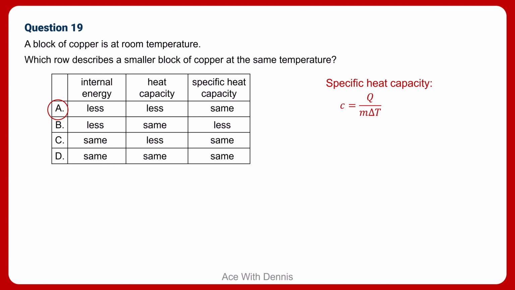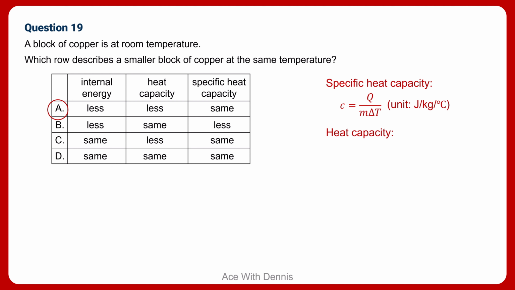The unit for specific heat capacity is joules per kg per degree Celsius. So you can see that it is about how much heat is involved per 1 degree Celsius and per 1 kg. Hence, it will be the same.